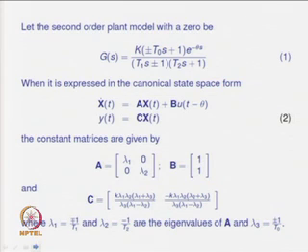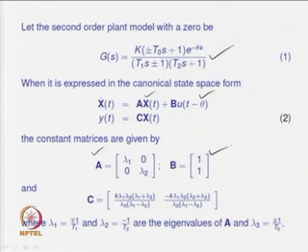So, when the second order transfer function model with a zero is expressed in this form, then its canonical state space form, x dot t is equal to A x t plus B u t minus theta, will give us A is equal to [lambda 1, 0; 0, lambda 2], B is equal to [1; 1].